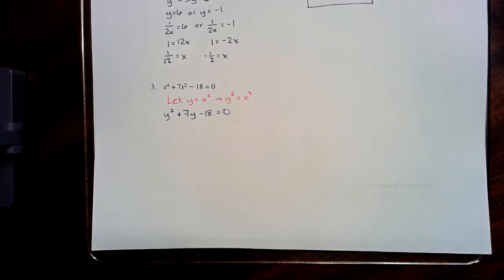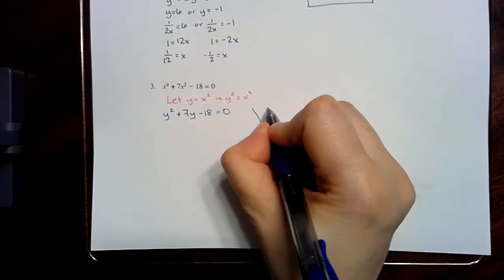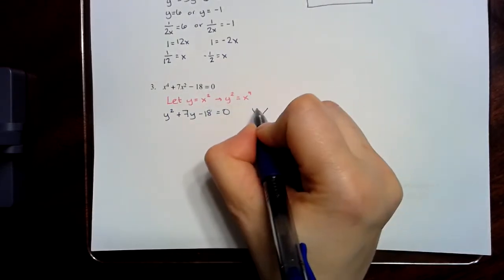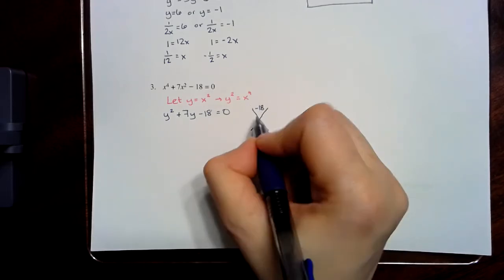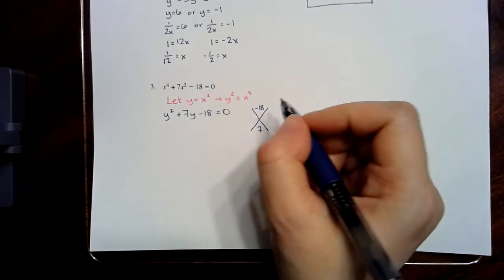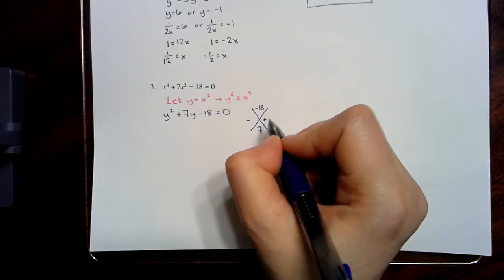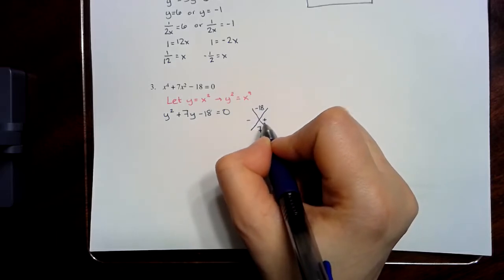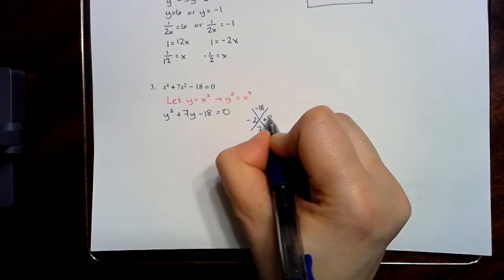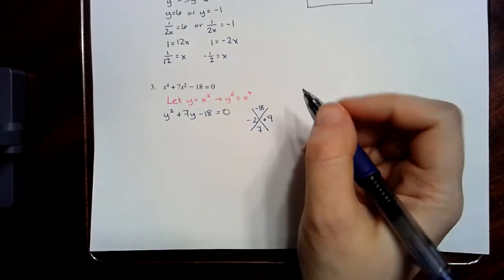And now, again, we're going to try and factor. So multiplying to a negative, I'll have a negative and a positive. Adding up to 7, looks like we have negative 2 and positive 9.